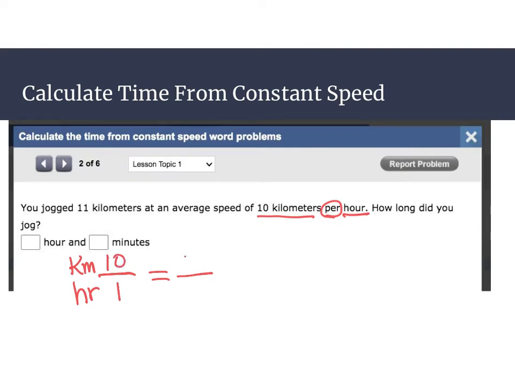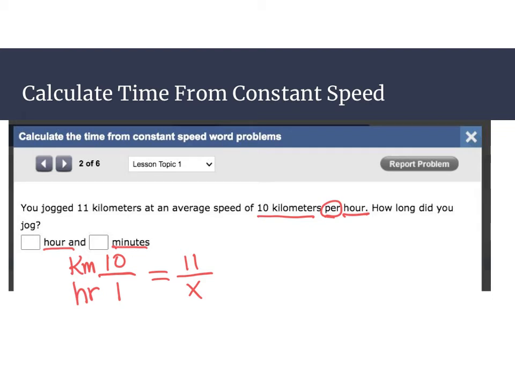And we know that you actually didn't just go 10 kilometers, instead you went 11. So it wants to know how many hours and minutes did it take for you to jog those 11 kilometers. The problem comes in because hours and minutes are there. We're going to get an answer, and we're not going to really know what to do with it.